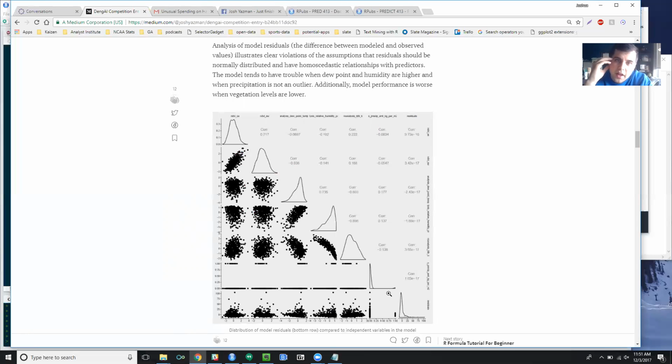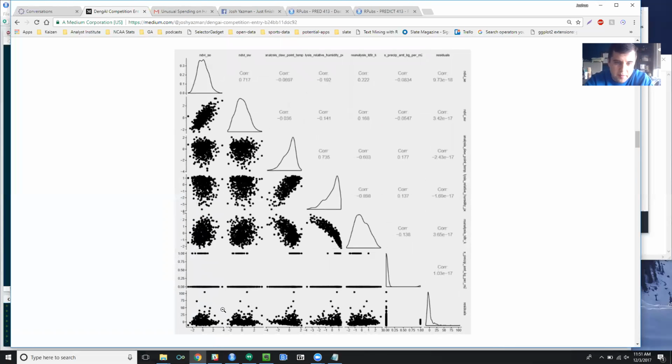For example, the vegetation in the southeast, this left column here. The scatter plot in the bottom left shows the residuals plotted against the vegetation in the southeast, and the residuals are higher when that vegetation metric is lower, and residuals sort of tighten up when that vegetation number is higher. And then there's similar or inverse patterns in all the rest of the variables used there.